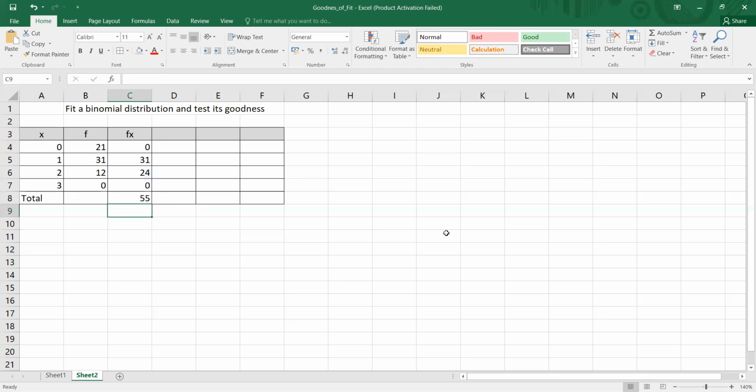And here I need the total of fx. So how is the mean computed? For grouped data, the observed mean is equal to summation fx divided by summation f.